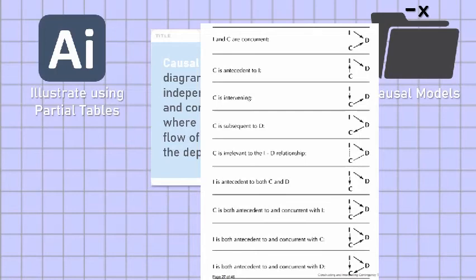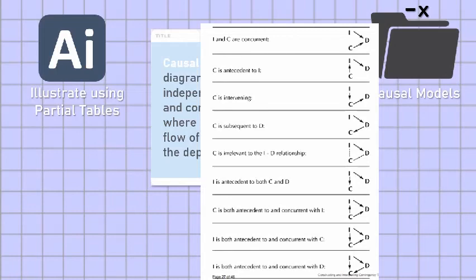I is antecedent to both C and D. C is both antecedent to and concurrent with I. I is both antecedent to and concurrent with C. And I is both antecedent to and concurrent with D.